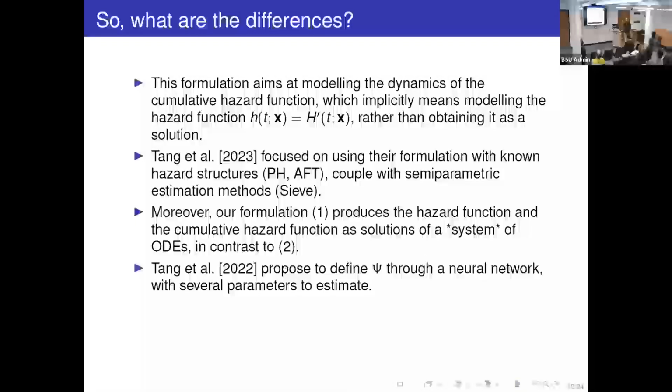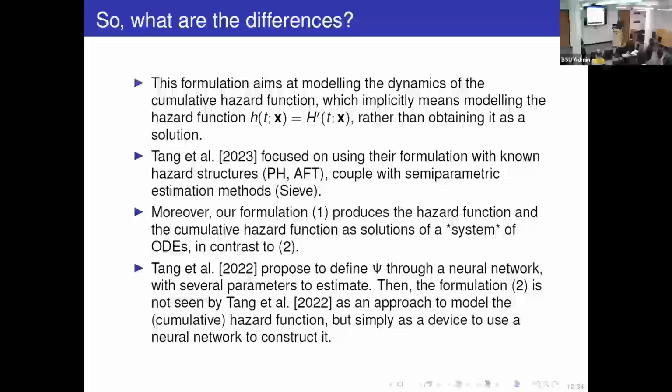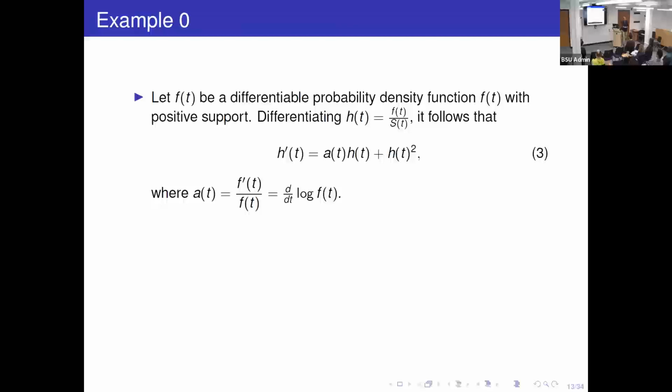And in 2022, the same authors modeled the random field psi using neural networks. So basically, they are using this formulation to create a new device to estimate the hazard function, either using semi-parametric methods or neural networks. And in our case, we have a system of ODEs, so we allow for including more states in the model. Okay, so that's basically the brief literature review.